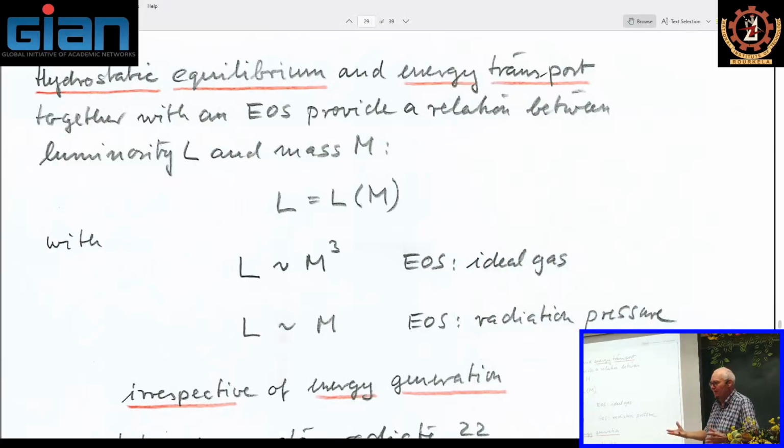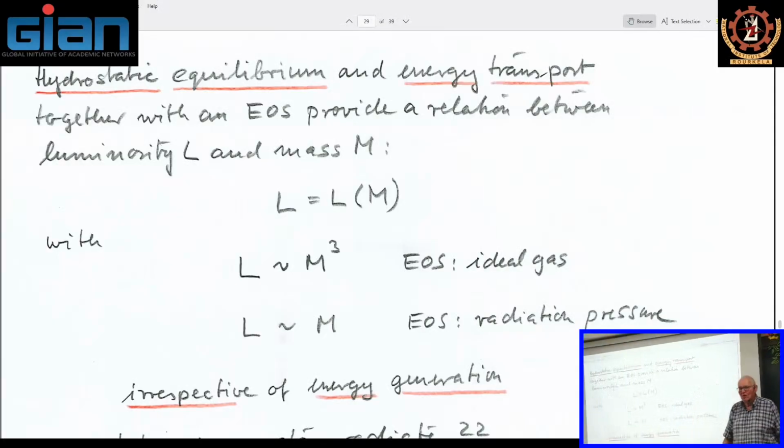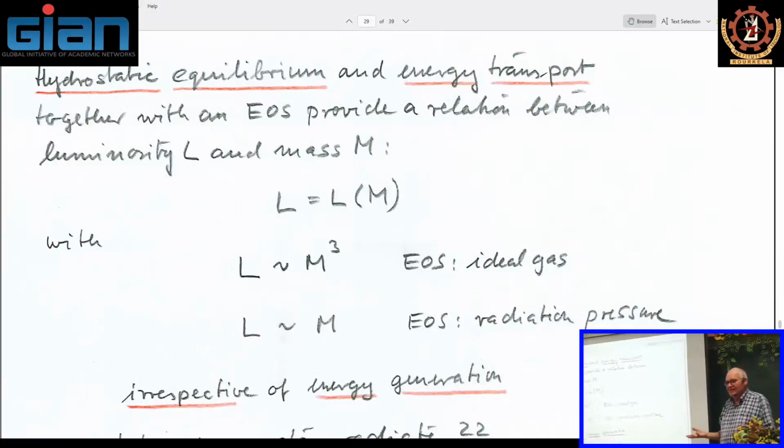Or, if it's available, it can satisfy this relation by igniting nuclear burning and powering this luminosity by nuclear energy release. These are the two sources which are available for a star.